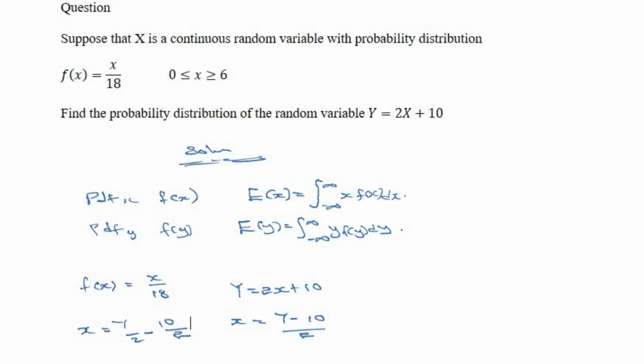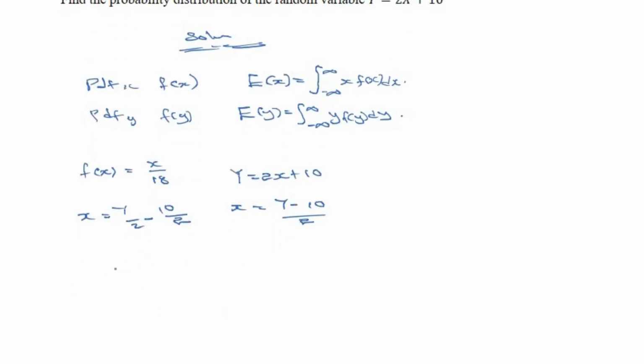Now we find dx over dy, the differentiation with respect to y. The constant term is 0, and the other term is half, so dx over dy is equal to 1 over 2.